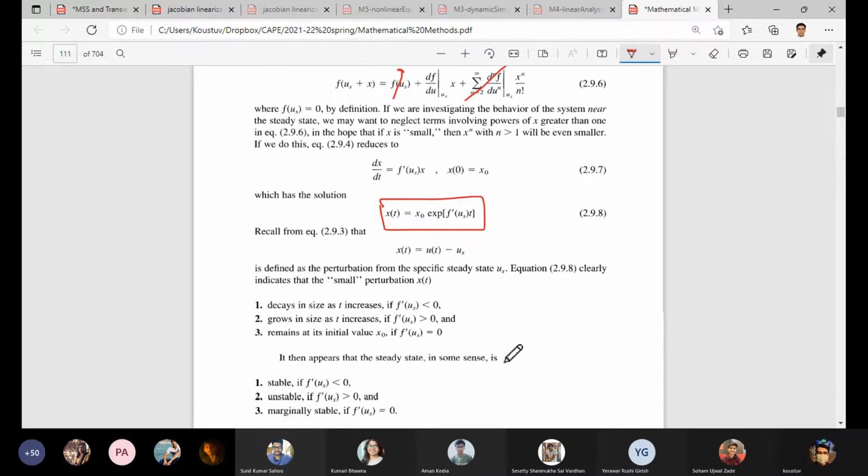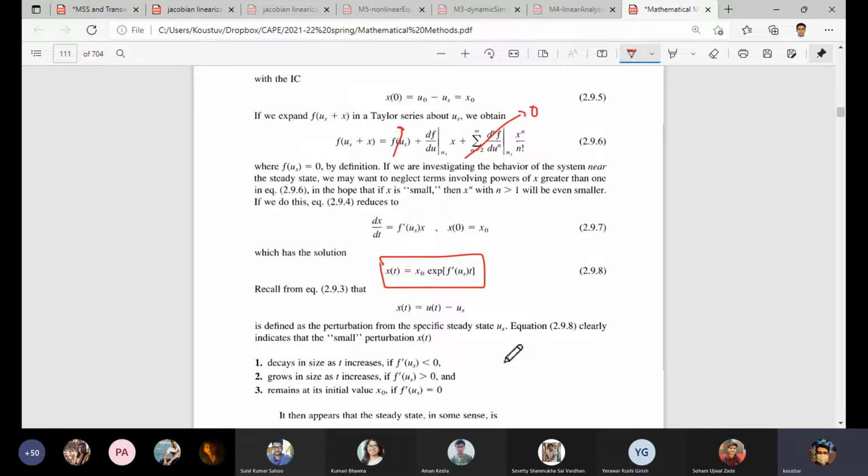Now, as you can see, this is a positive term, or this is the initial condition. Now what essentially will be achieved in terms of the conclusions is that as t increases, the perturbations, which is nothing but x of t, will decrease if this value is less than 0, right?